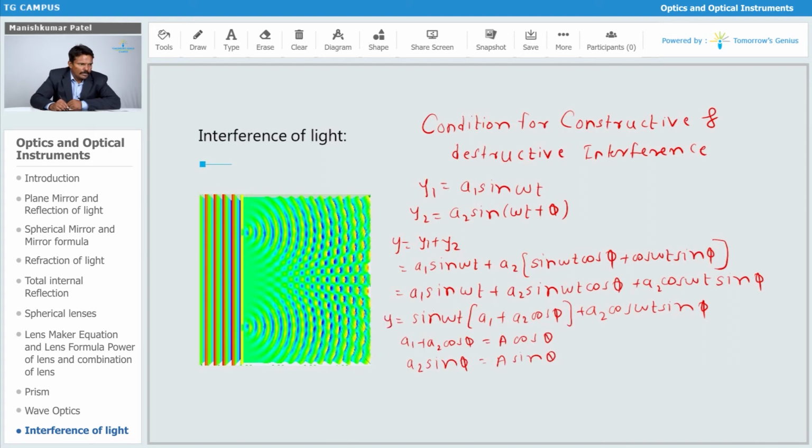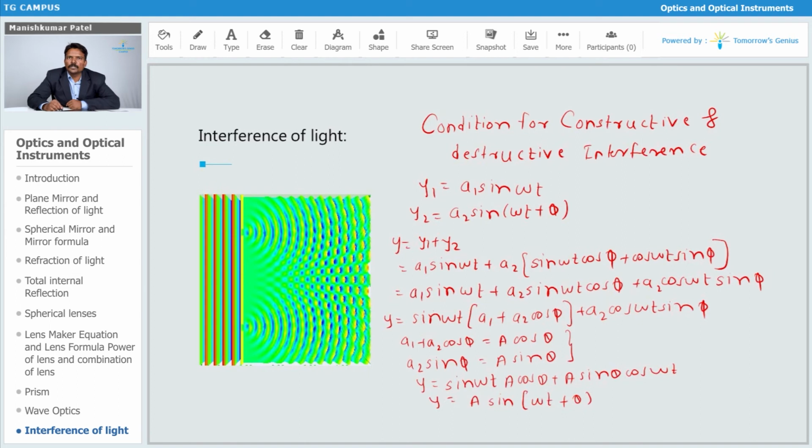From these two equations, this is A cos theta times sine omega t, plus A sine theta times cos omega t. So this is A sine of omega t plus theta.